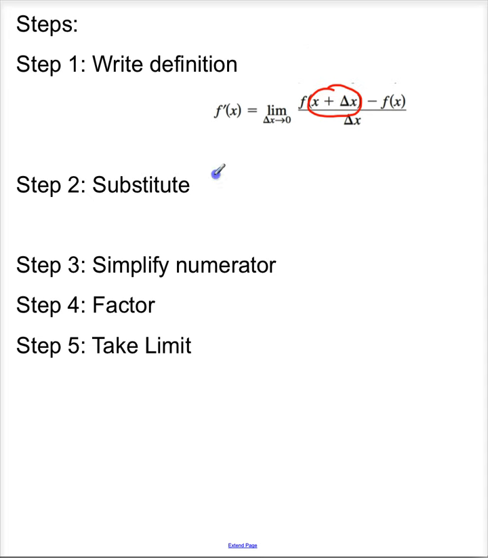So if my function is x squared, when I substitute in, this becomes x plus delta x squared.